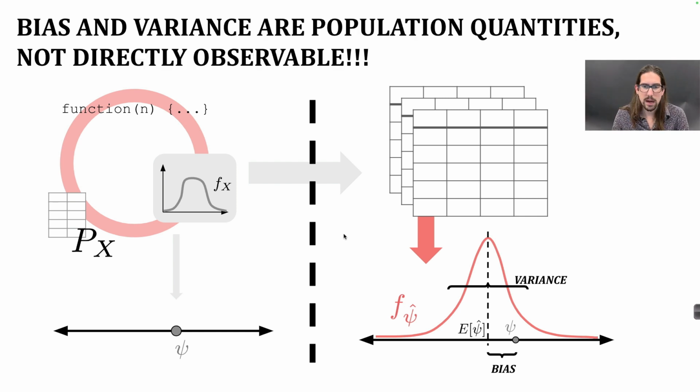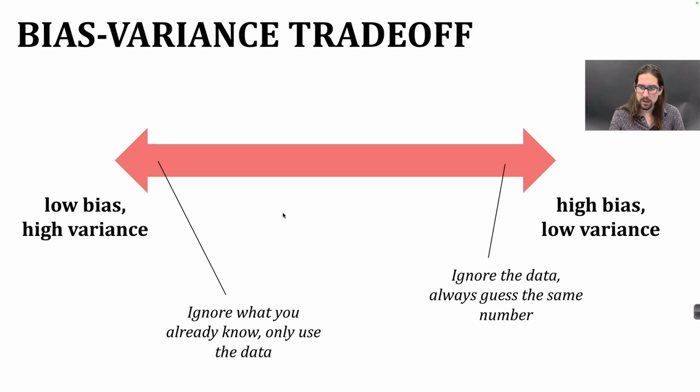So like I said, these bias and variance, we cannot directly observe them. We can only understand how they're related abstractly to the distributions that we might be observing in the real world. And in general, there's this kind of trade-off here, right? Oftentimes it's easy to construct an estimator that has very high bias and low variance.